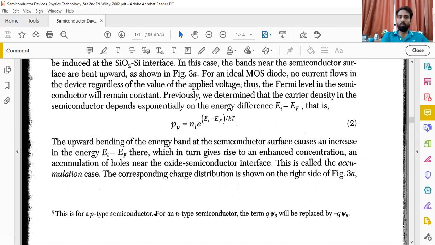So the upward bending of the energy band, we are talking about the semiconductor surface, causes an increase in the energy E_i minus E_F, which in turn gives rise to enhanced concentration and accumulation of holes near the oxide-semiconductor interface. This is called accumulation.